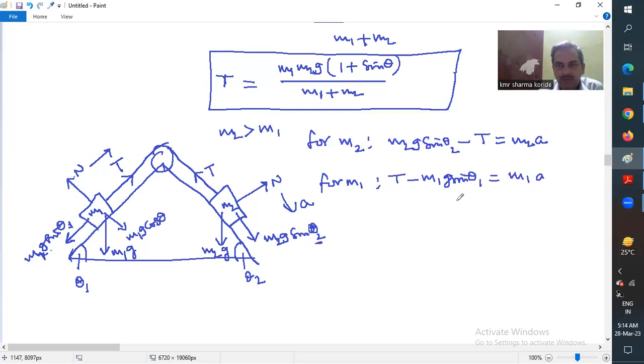If you solve these two, you can cancel tension and tension. So take out common g. So m2 sin theta 2 minus m1 sin theta 1 is equal to a of (m1 plus m2).